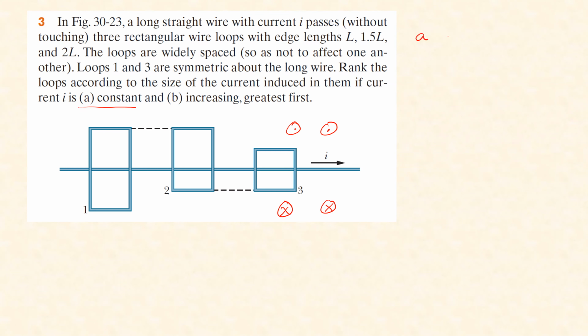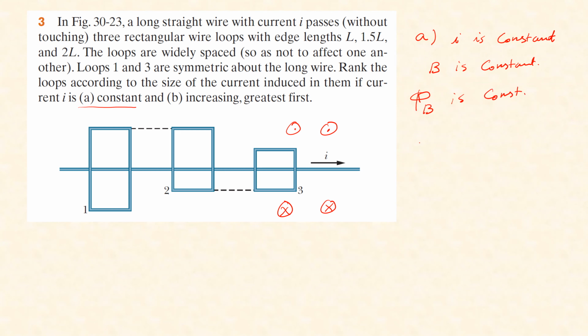So for A, I is constant. Therefore, B of that is constant. So therefore, the flux of B is constant.